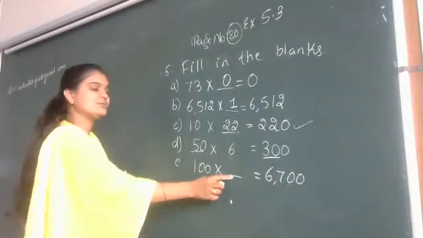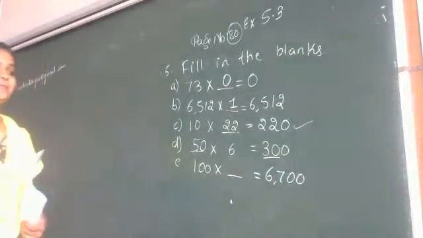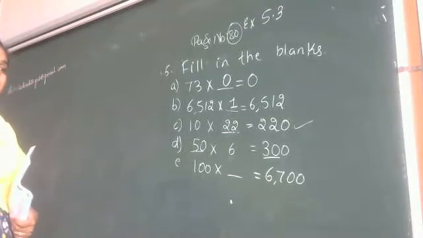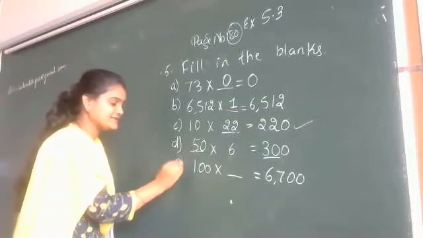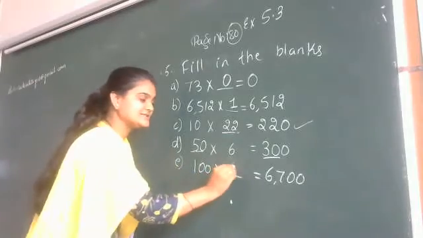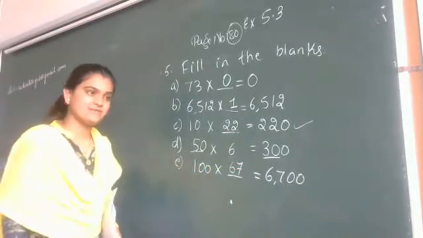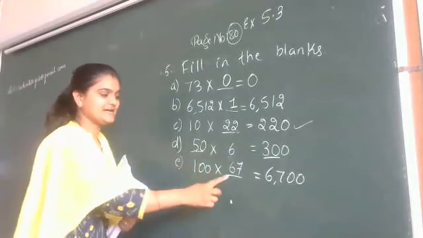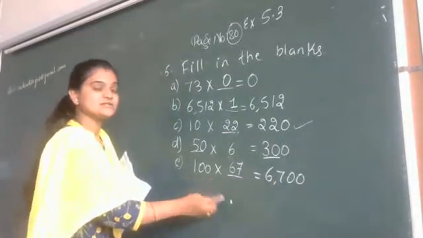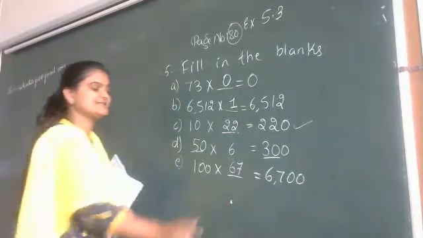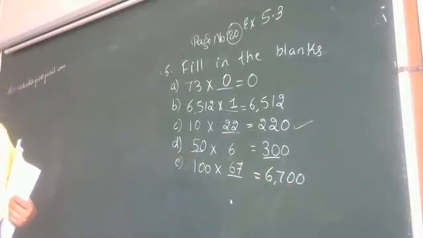For 100, what should you multiply now? You have to multiply 67. Yes, correct. 67 into 1 is 67, and two zeros are kept as it is. So the answer is 67.